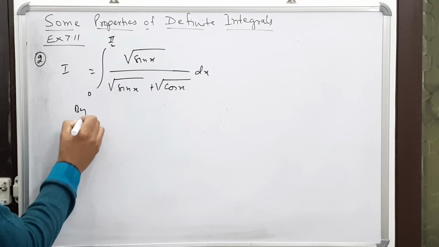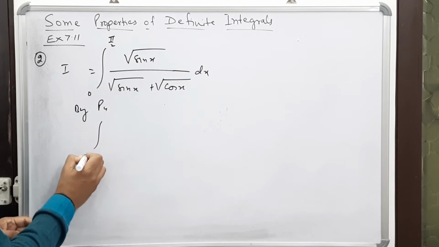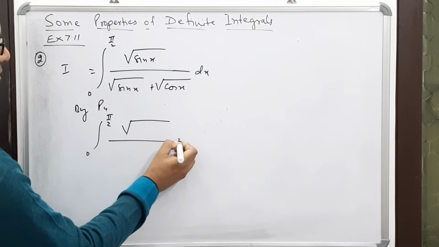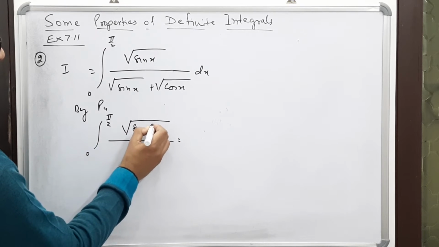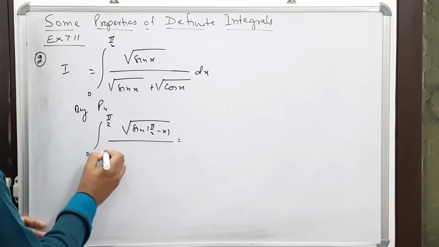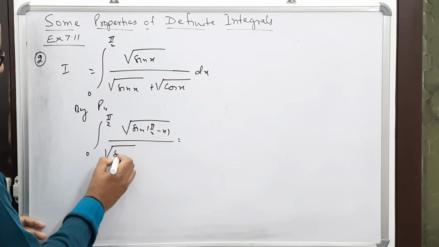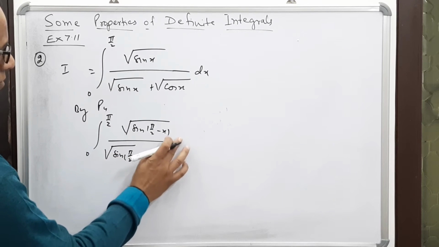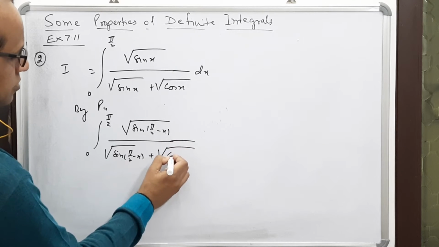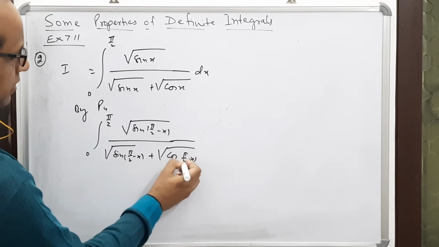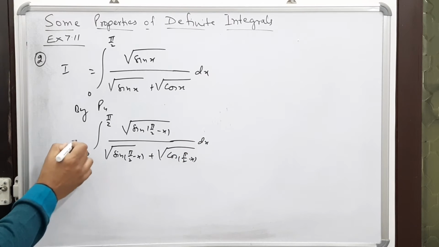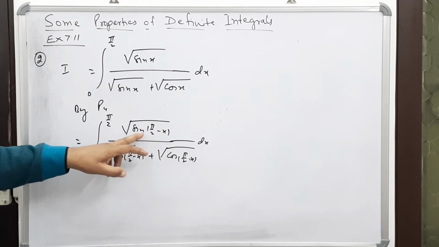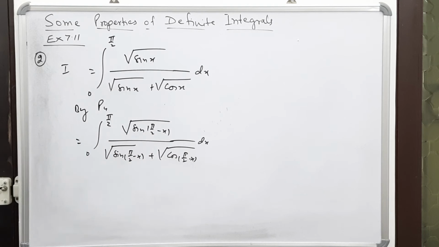So by applying the same property number 4, 0 to pi by 2, root sine pi by 2 minus x, in the denominator also sine pi by 2 minus x plus cos pi by 2 minus x dx. That is the property number 4. So sine 90 minus theta is cos theta. This is again cos theta and this is sine theta.